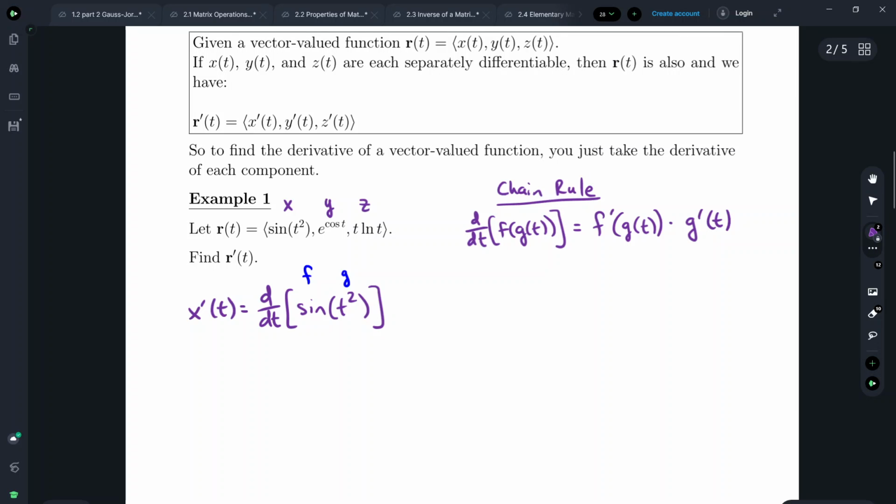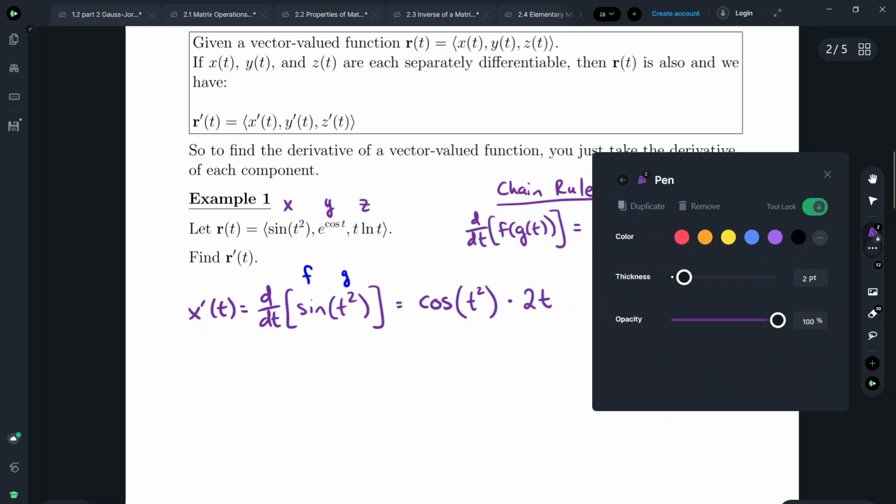The derivative of sine is cosine, so that's the f prime part. And here this is just g without the prime, so that means the g stays the same. Inside the cosine function, the t squared stays the same. That's this part of the chain rule formula, and then times g prime, the derivative of g. What is the derivative of t squared? That's just 2t.